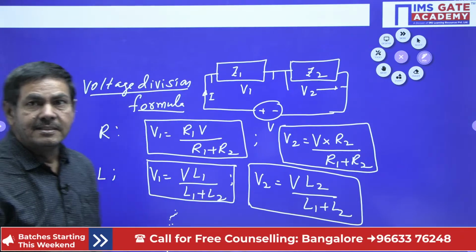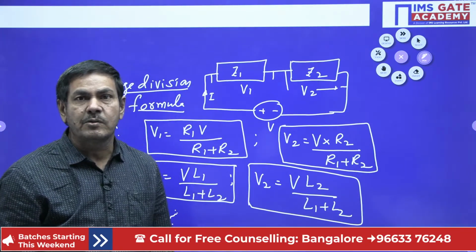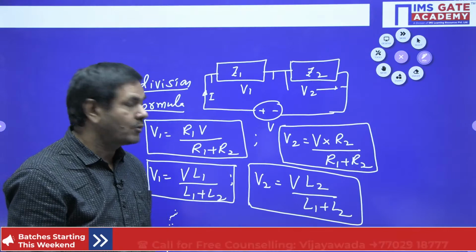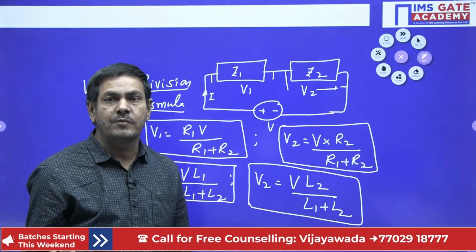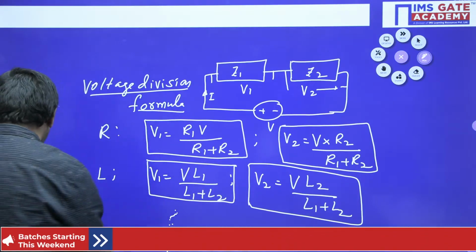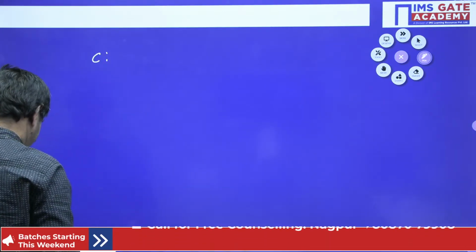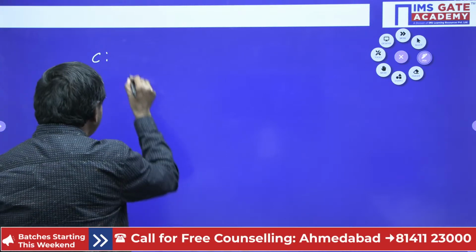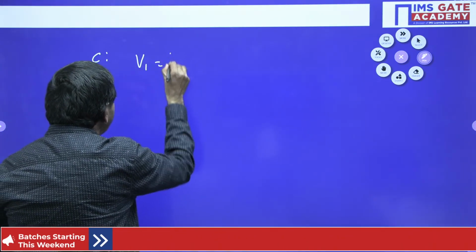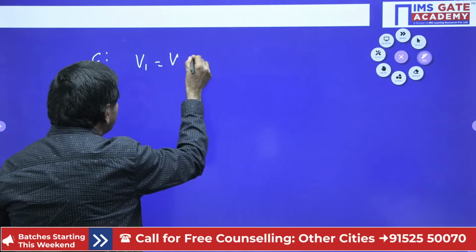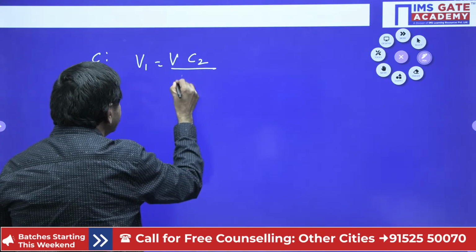In case Z1 equals C1 and Z2 equals C2 are given, how do we find the V1 and V2 values? The formula applicable for a capacitor network is V1 equals V into C2 by C1 plus C2.